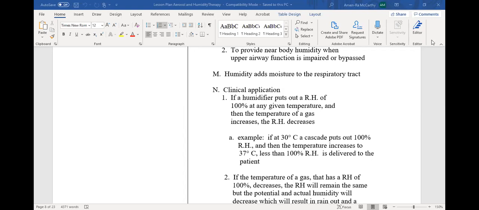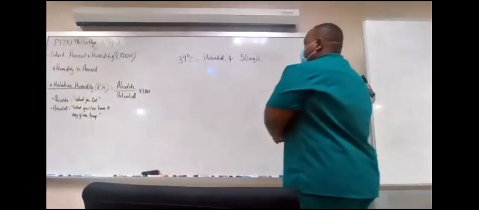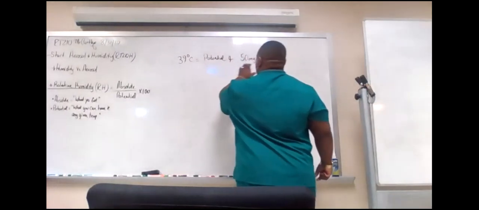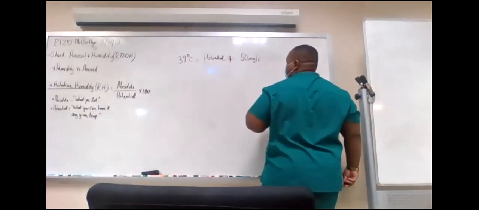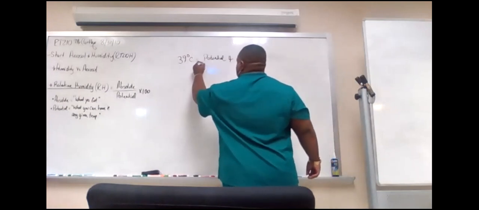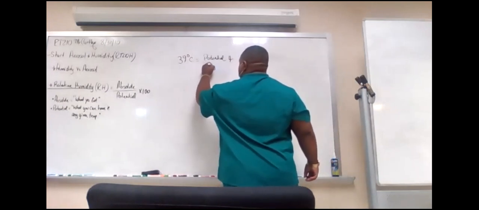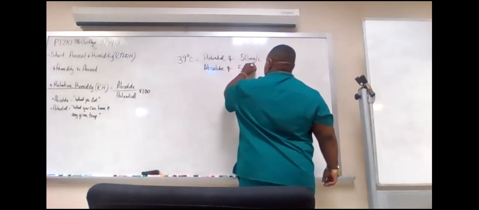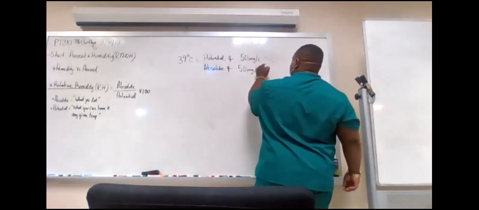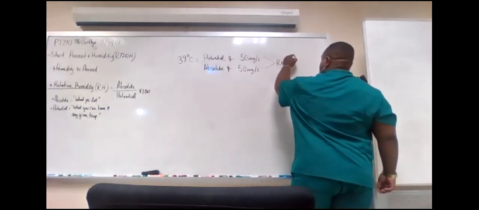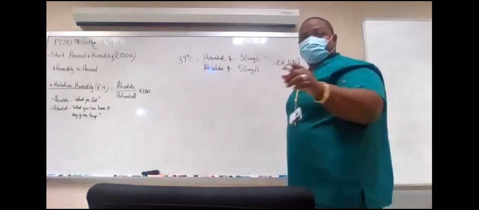These are just some numbers I'm making up, okay? At 37 degrees, let's just say a gas has a potential to hold 50 milligrams of water, right? And it's holding as an absolute 50 milligrams per liter of water. So this makes the relative humidity what? 100%. Is that what you said?